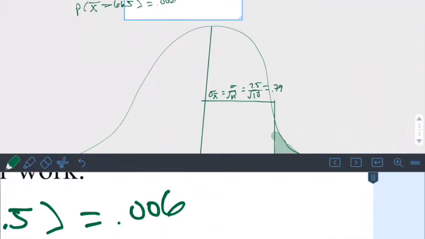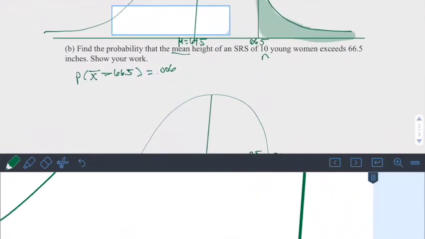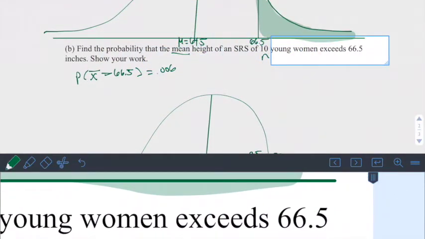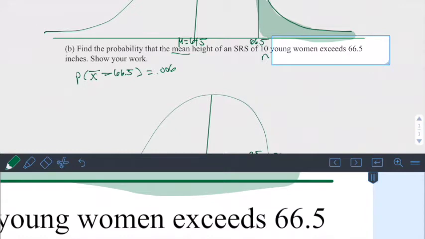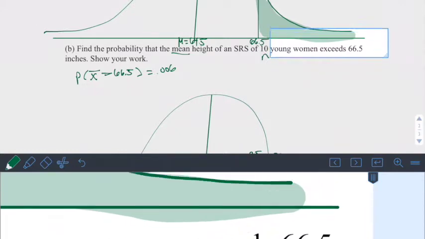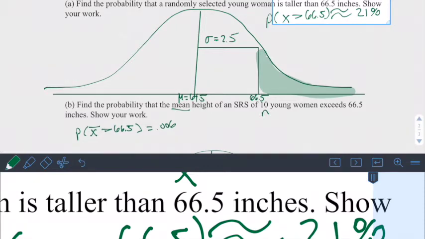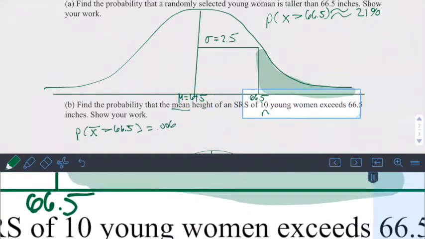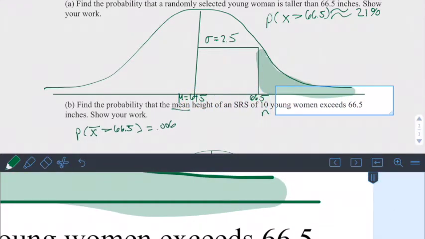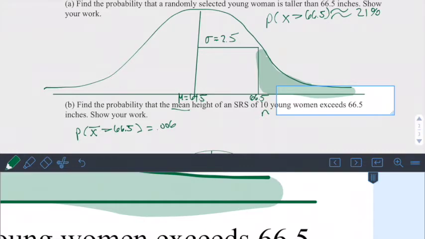So less than 1% chance that I would get a sample that has a mean that high. Okay, which makes sense. If I get one girl that's 66.5 inches or taller, that's pretty common. But if I get a mean of 10 girls that are taller than 66.5 inches, that would be really, really rare.